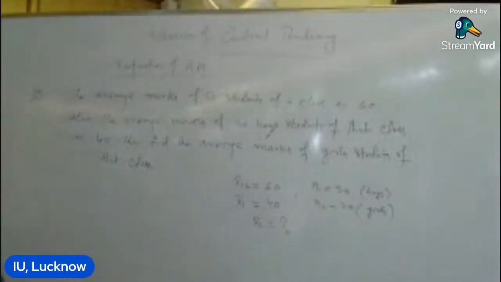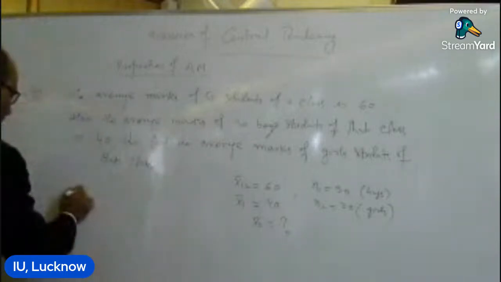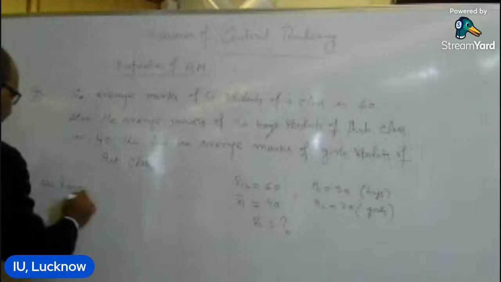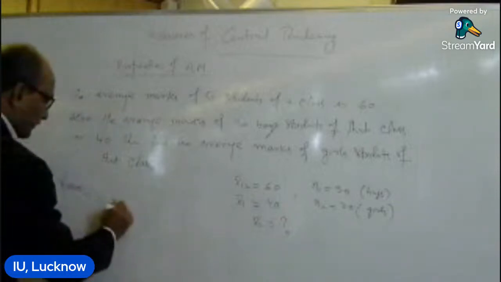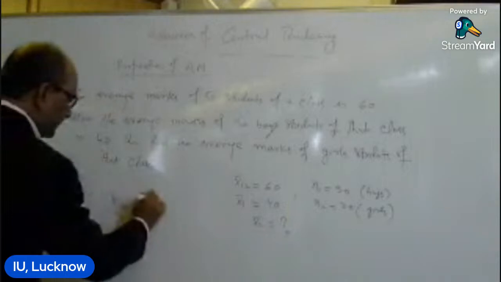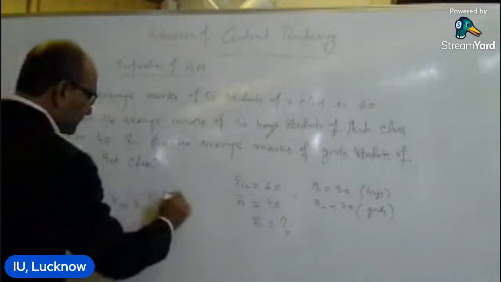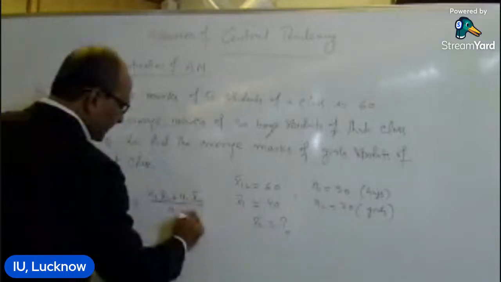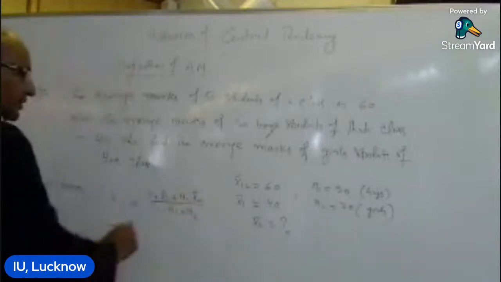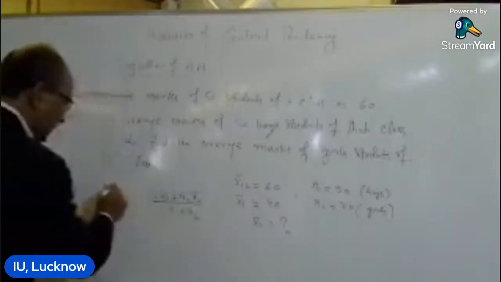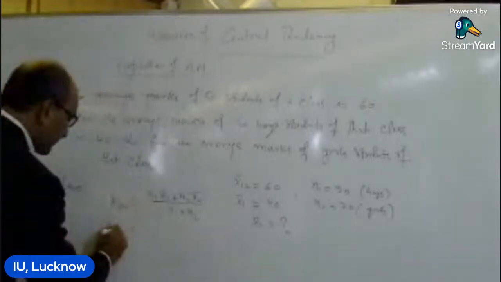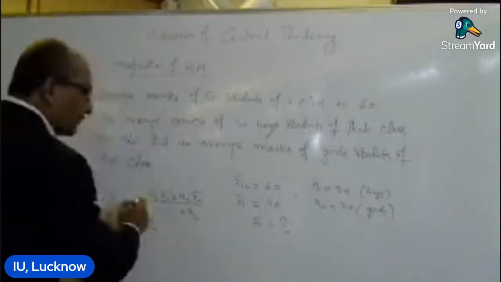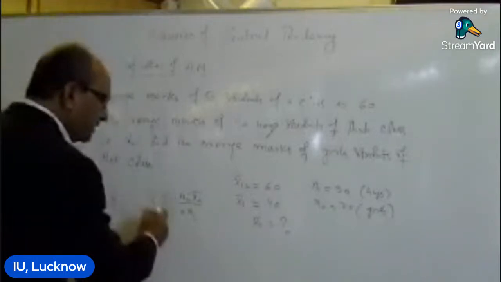x2 bar means the average marks of the girls students. So just write the formula. We know the formula is x12 bar is n1 x1 bar plus n2 x2 bar divided by n1 plus n2. Now n1 is 30 and the combined mean is already given as 60. n1 is 30, the number of boys students, and their mean is 40.